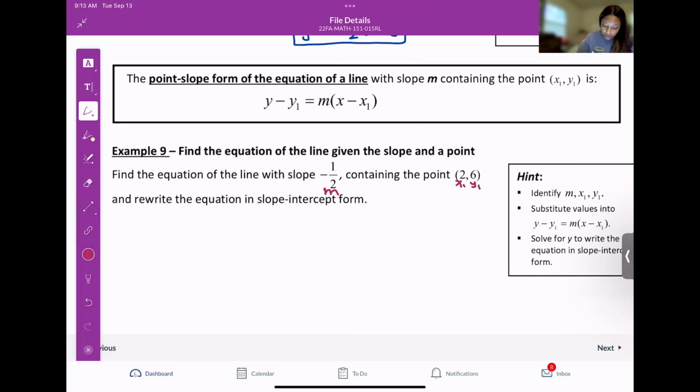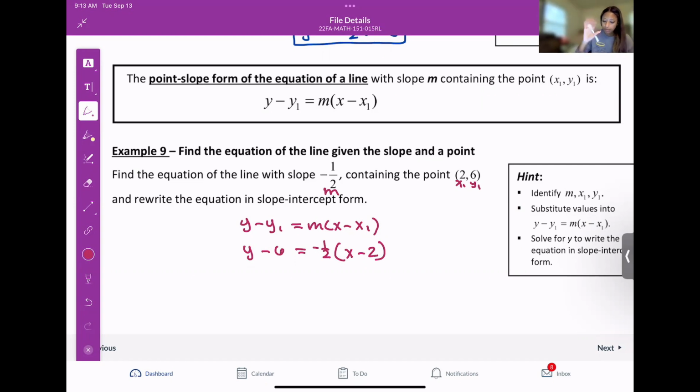Using the point-slope form, y minus y1 equals m times x minus x1, this would be y minus 6 equals negative 1/2 times x minus 2. Then if we simplify this and solve for y, we'll have the equation of the line in slope-intercept form.